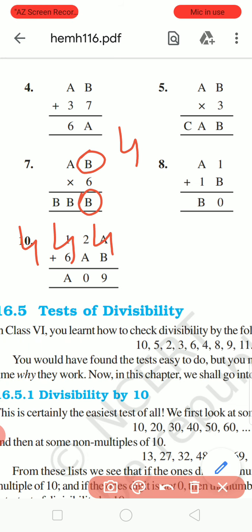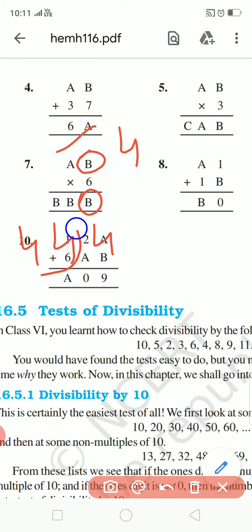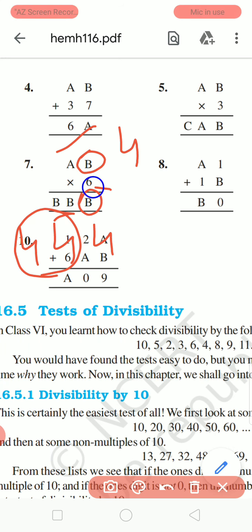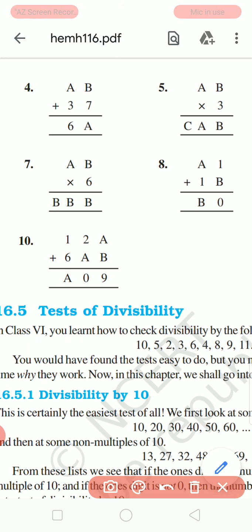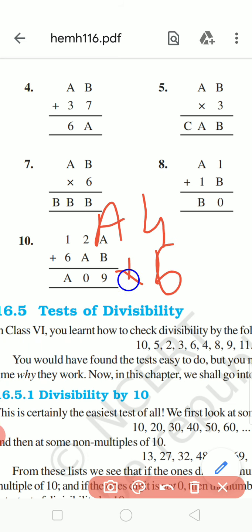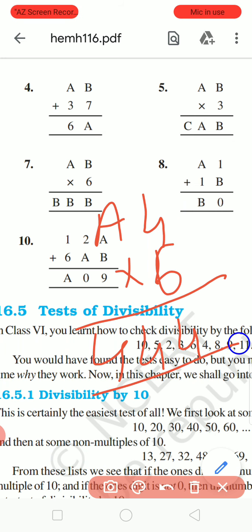So what can we write instead of A to get 44 here? 6 sevens are 42, 42 and 2 is 44. So let me rewrite. Instead of B I write 4, and if I multiply it with 6, we will get 4, 4 and 4, right?